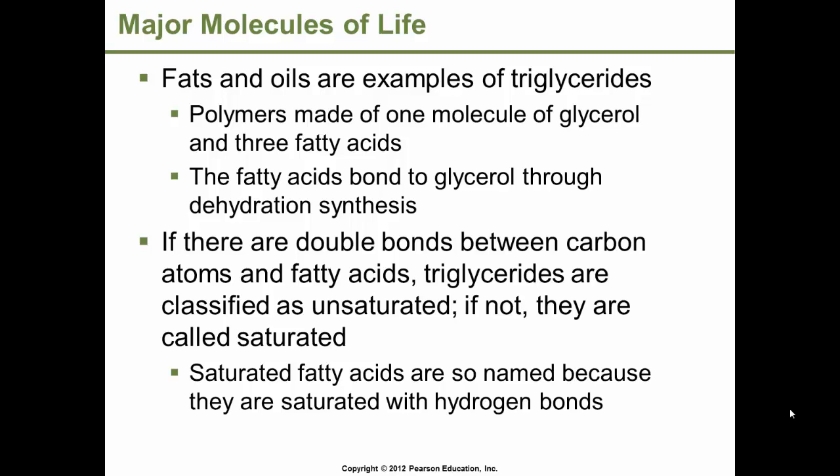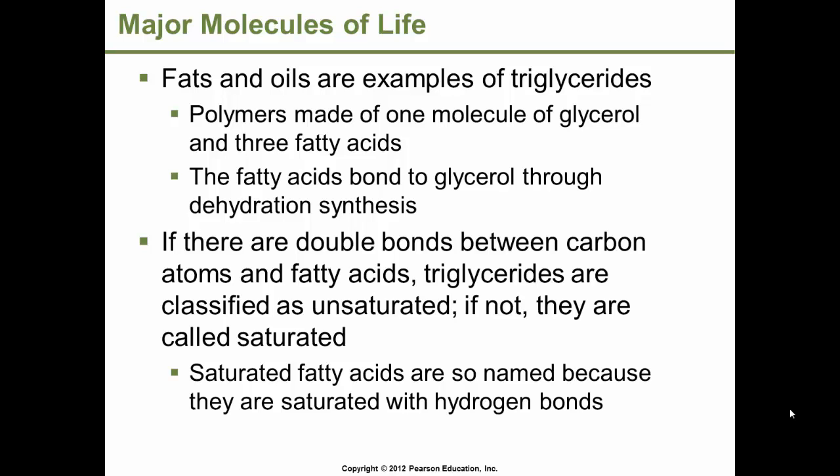Fats and oils are examples of triglycerides. These are polymers made of one molecule of glycerol and three fatty acids. Three fatty acids bond to glycerol through dehydration synthesis. If there are double bonds between the carbon atoms in fatty acids, triglycerides are classified as unsaturated.